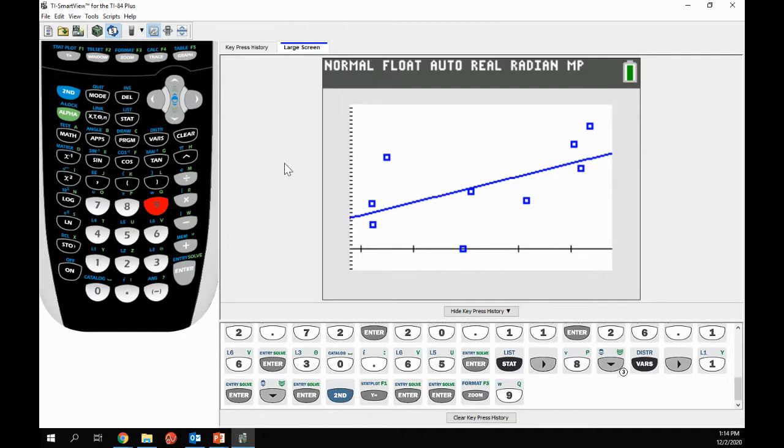So on the bottom of page 11, I'd like you to draw the scatter plot and the regression line on the plot.